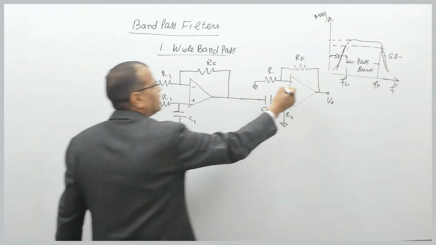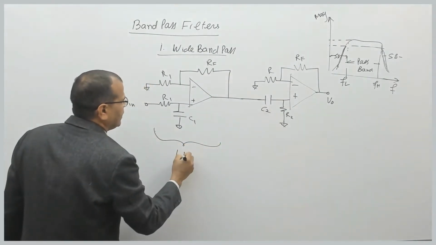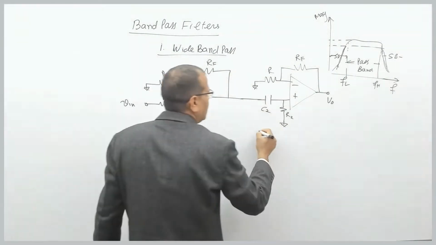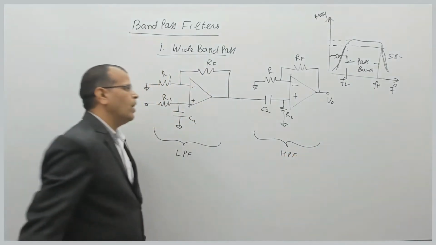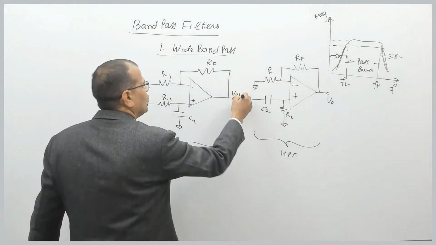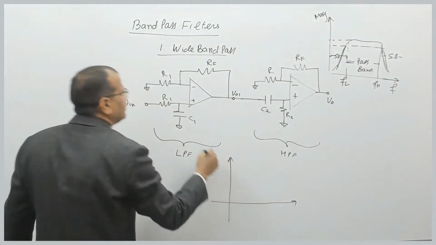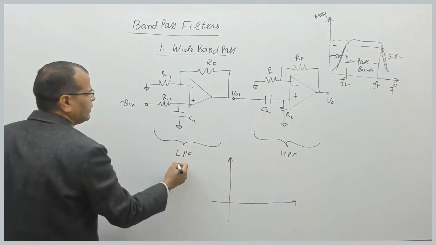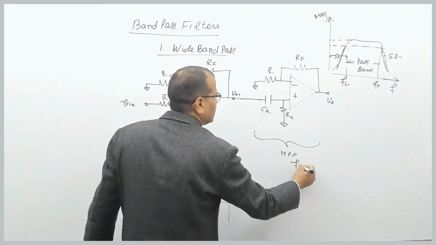So first stage is your low pass filter, second stage is high pass filter. So what will happen, you please see, this is V01. So if you see, say the cutoff frequency for low pass filter is FH and say cutoff frequency for this is FL.